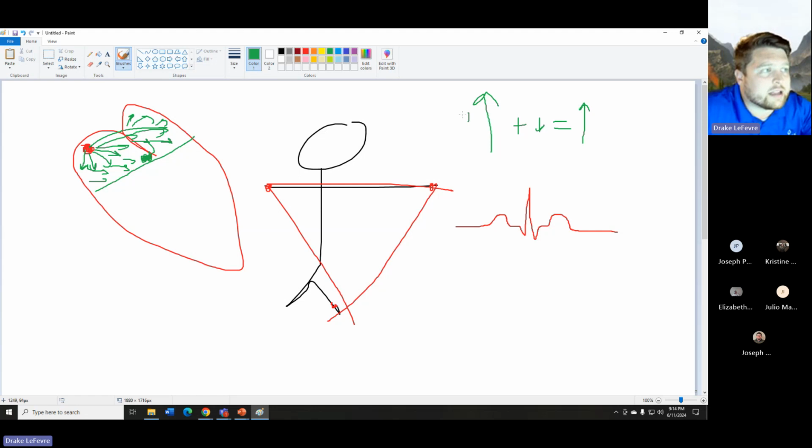It's like up is positive, down is negative. Or like big left plus big same-size right gives us zero because they cancel each other out.